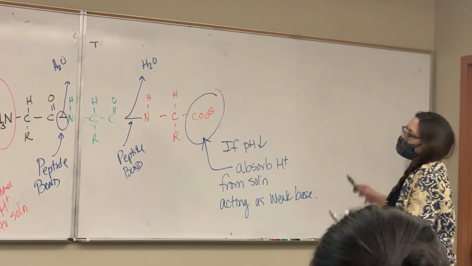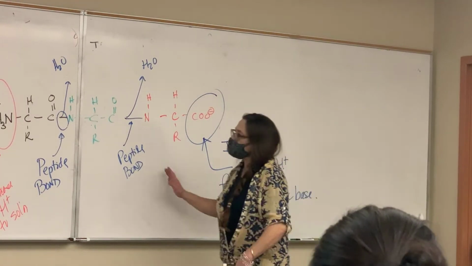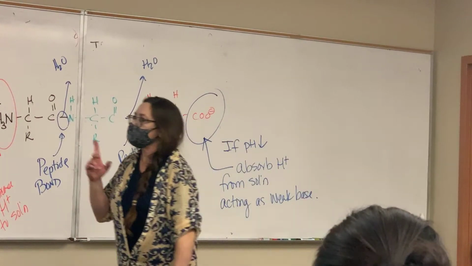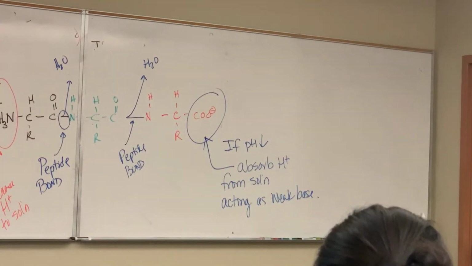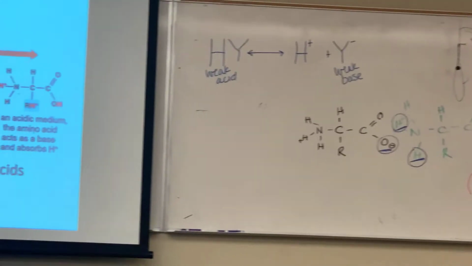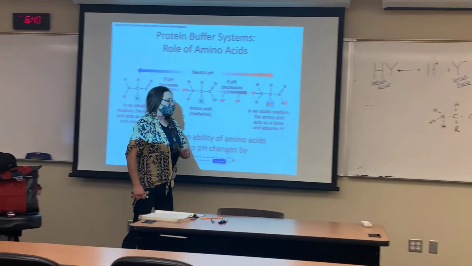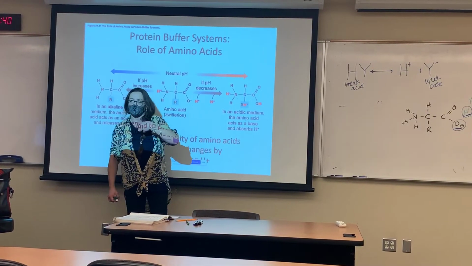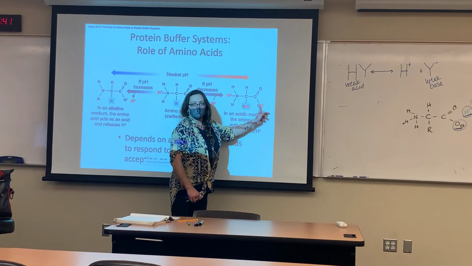The only difference that a protein can do for us that an amino acid couldn't do is this. Depending on what that R group is, sometimes it can act as a weak base and absorb hydrogens like the carboxyl group can.